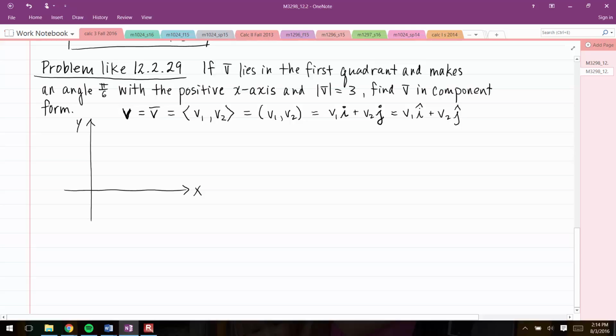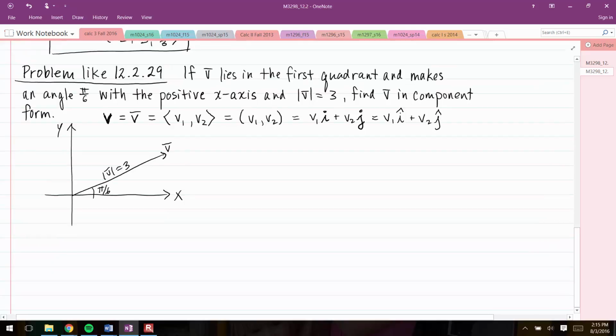It makes a positive angle of pi over 6, something like that, and its length, or magnitude, is 3 for our vector v. So this is what we know in picture form. The components graphically correspond to these lengths, v sub 2 and v sub 1 in the x.